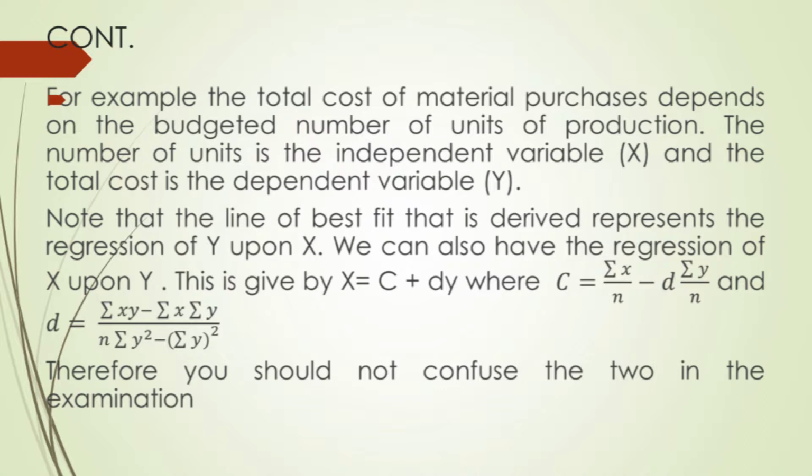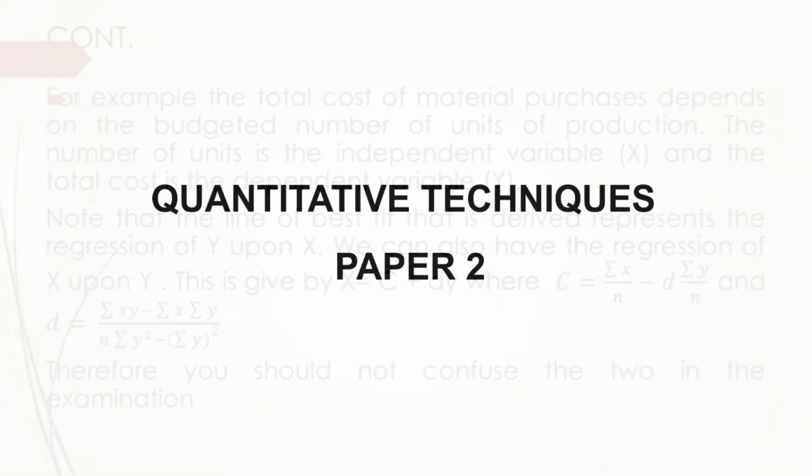So when you are doing the forecasting, you need to identify the dependent and independent variables. What depends on the other? For example, when you are forecasting costs to be incurred, costs depend on the level of output. So output is the independent variable, then costs become the dependent variable.